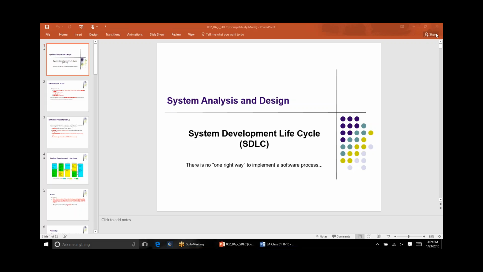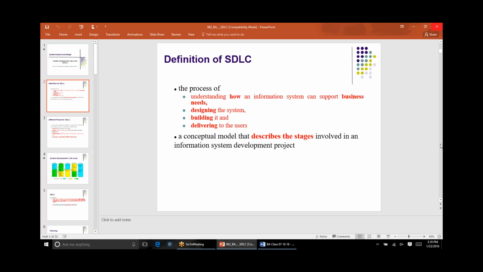Let us talk about what the software development life cycle is. The definition: understanding how an information system can support a business need. For any business information system we are developing, at the end of the day there is a business expectation, a business need, a business requirement, and for that requirement we create an information system.